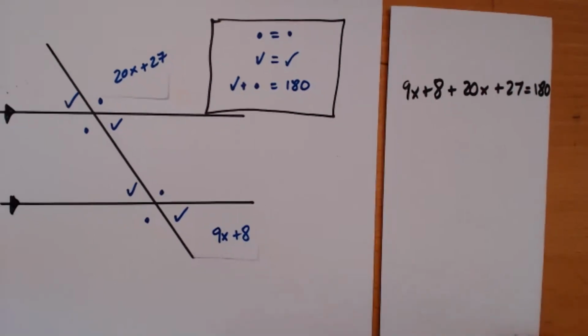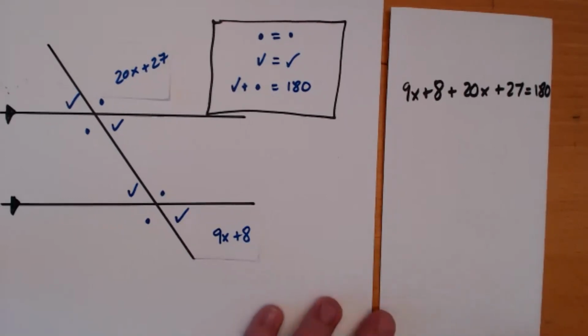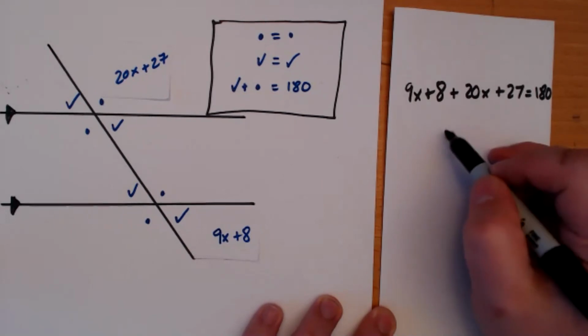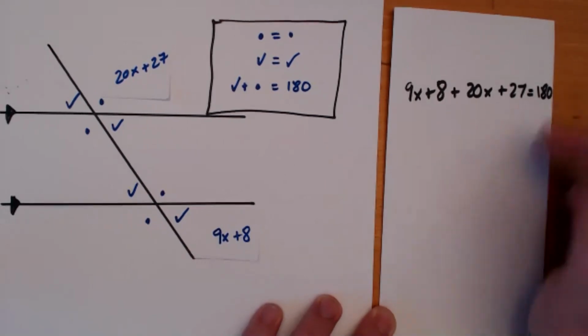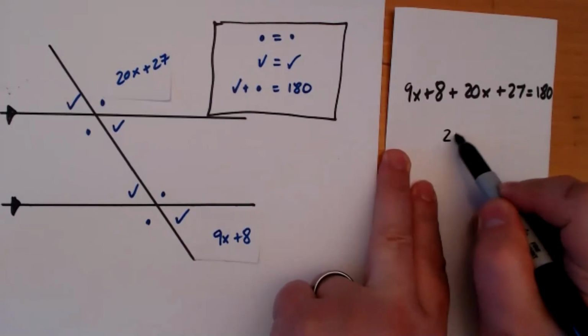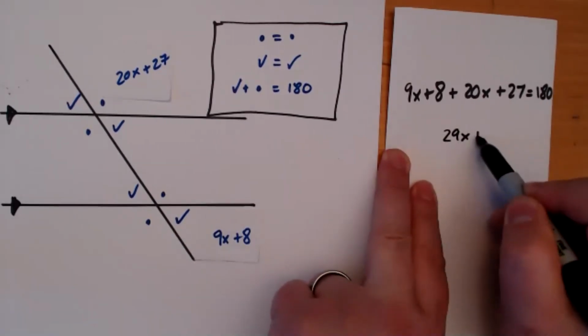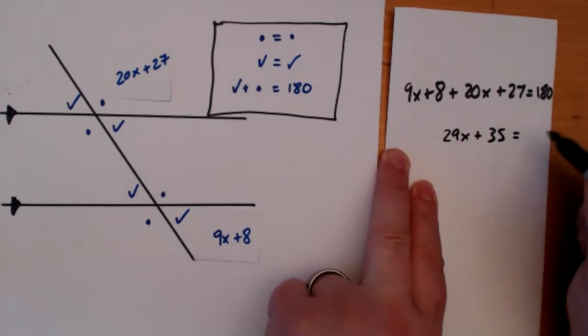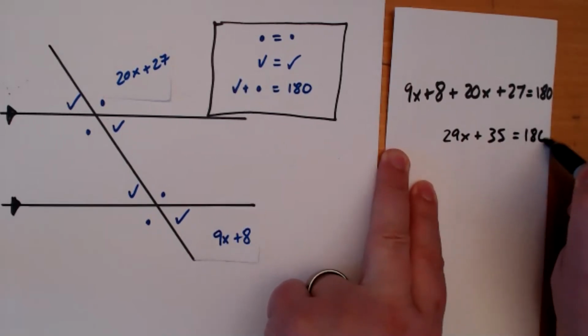Anybody get an answer? Cool. All right, let's do this. I'm about to run out of room over here, so I'm just going to move it over a little bit. I'm going to combine my like terms, 29x plus 35 equals 180.